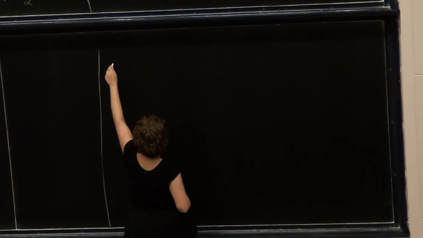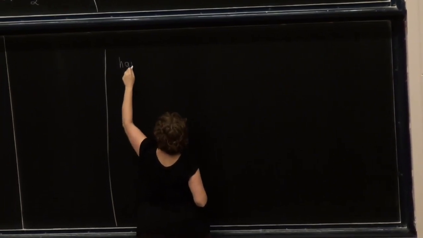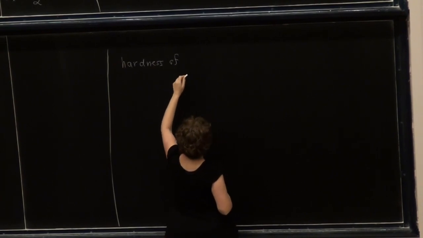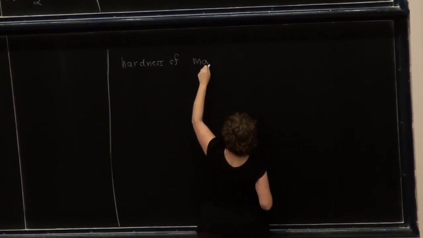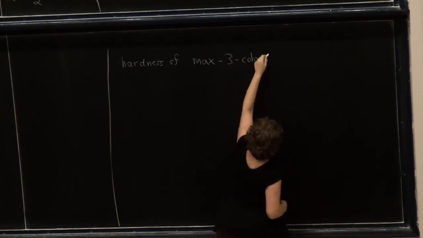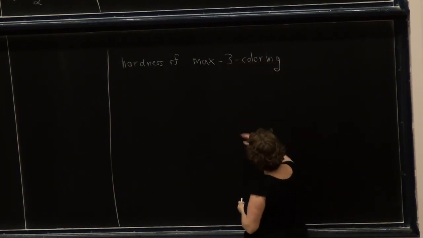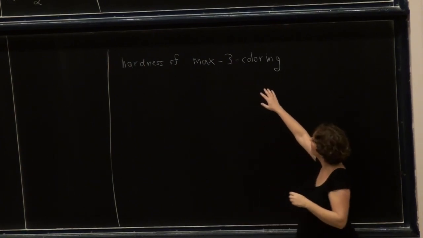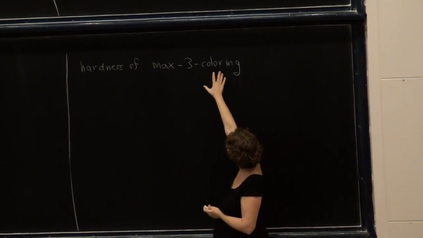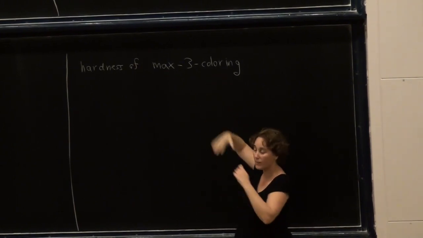Let's show that hardness of label cover follows. I'm assuming that, by the end of tomorrow, we will have proven that it's hard to decide if a graph is perfectly 3-colorable or less than 99% colorable.